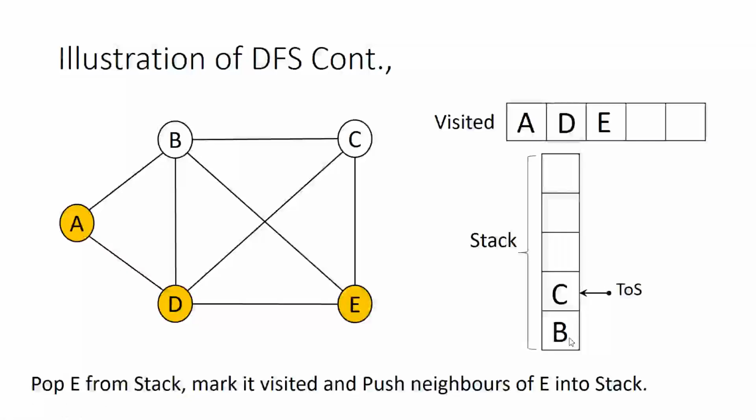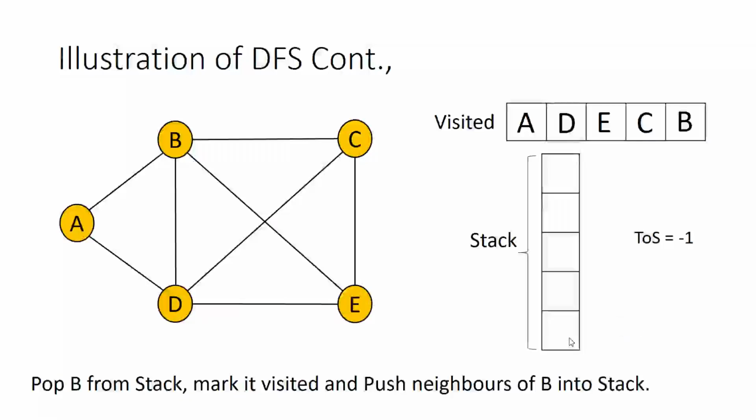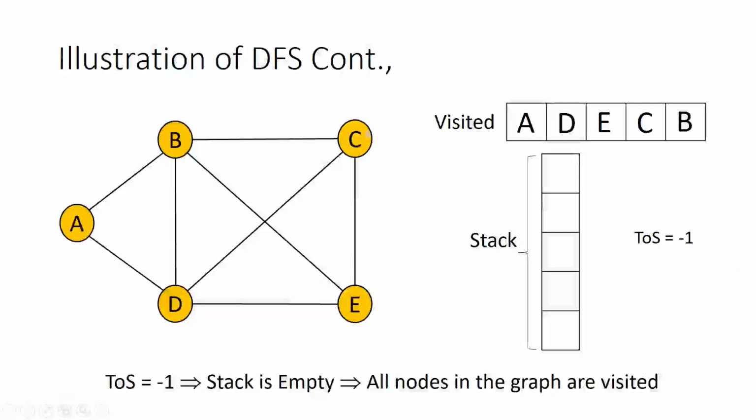Then pop C, then pop B. If you observe, the top of the stack is -1, so it indicates the stack is empty, which indicates that you have visited all the nodes in the graph. So the DFS is A, D, E, C, B for the given graph.